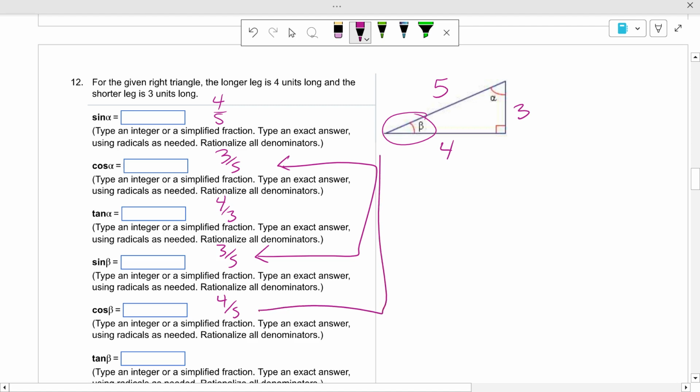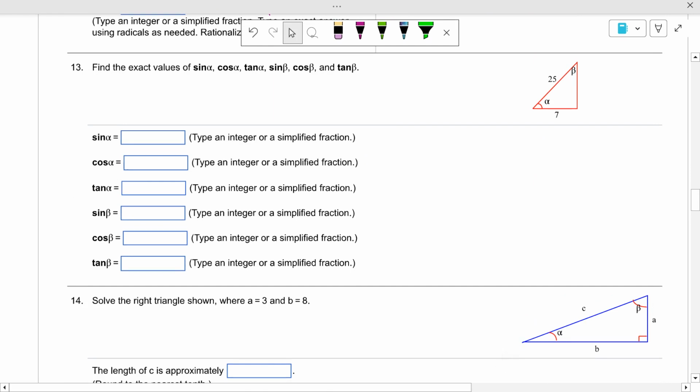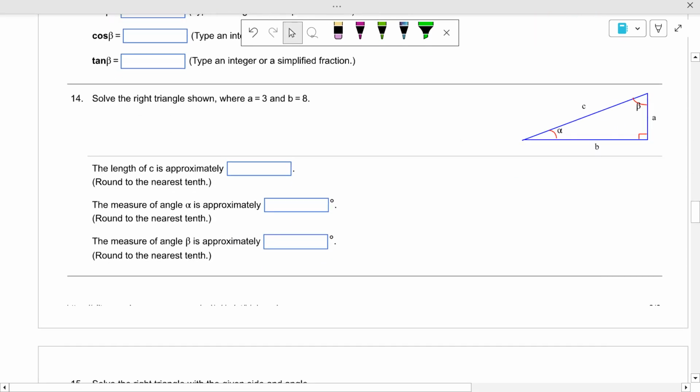The cosine of beta is the sine of alpha because we're using the same numbers. Okay? All right, tangent of beta is opposite of beta over adjacent, or 3/4. Okay, I think you can get this. You just figure out what this side is and then write your fractions.